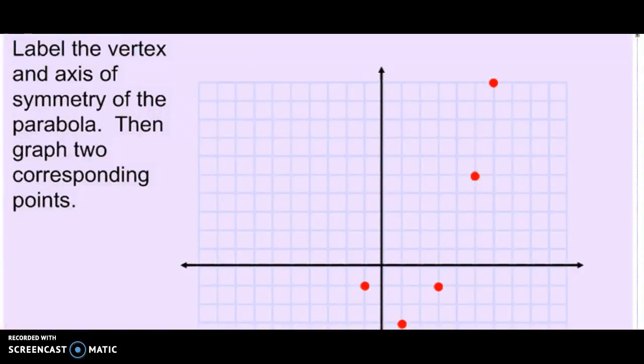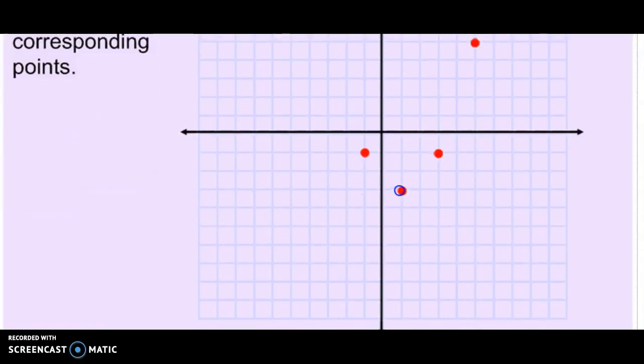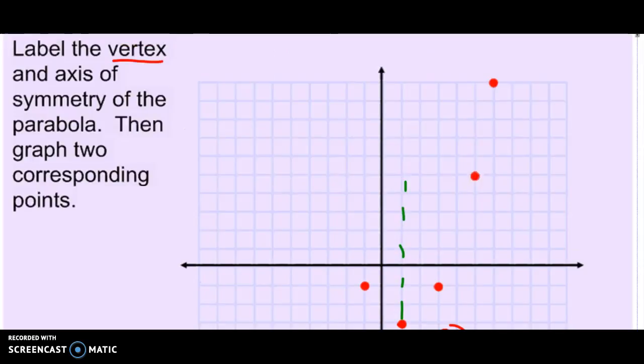Okay, so we're going to label the vertex and the axis of symmetry. So remember, the vertex is the bottom point right here. So if you label it, that is the point (1, -3). And then the axis of symmetry is going to go through the vertex and cut the parabola in half. Now, from here, you can graph the rest of the parabola.